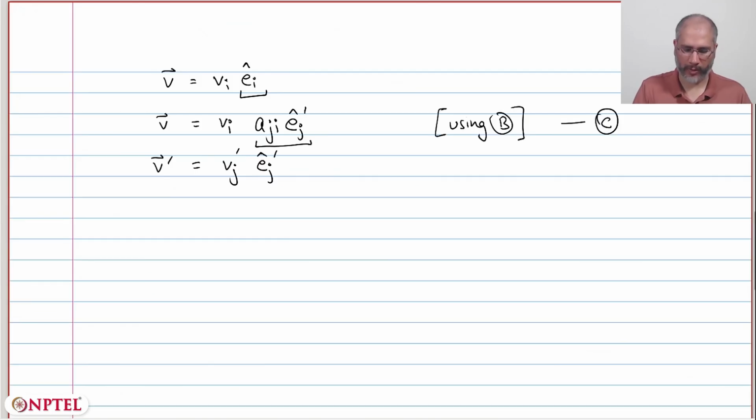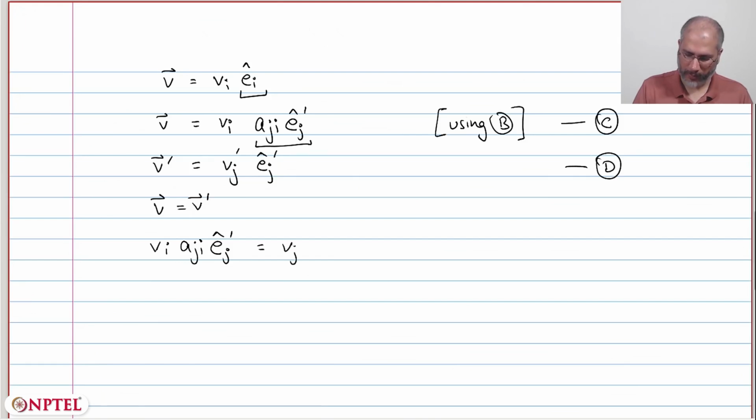We're just choosing a different index, but that's a dummy, it doesn't matter, and we will call this D. So as you can see from here, since V is equal to V prime, as we just talked about, the right hand sides of C and D are equal. So from this we get Vi Aji Ej prime is equal to Vj prime Ej prime.